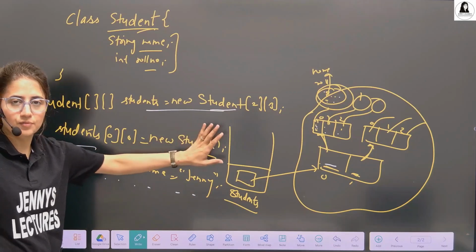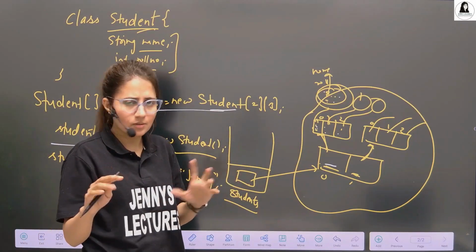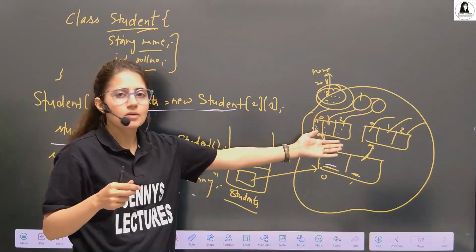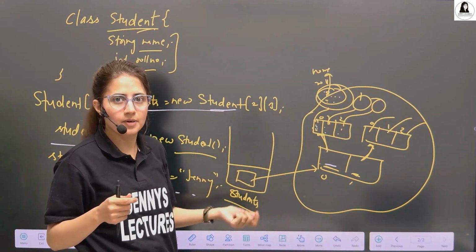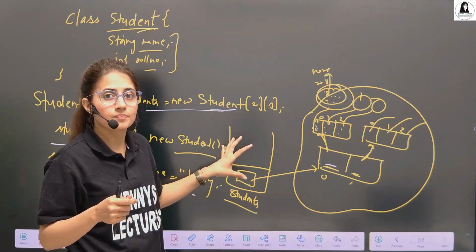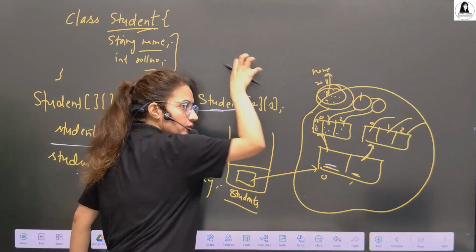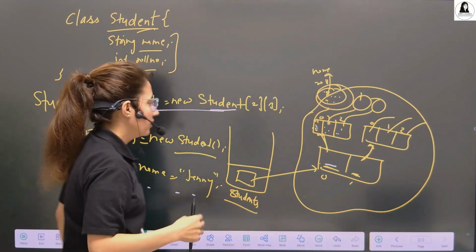So this is the only difference between 2D arrays of primitive type and arrays of objects. I guess you got this because in the previous lecture the same thing was happening, right? In the 1D array also it happens because we are creating objects. So these are not creating the actual objects. Actual objects you have to create and then assign.